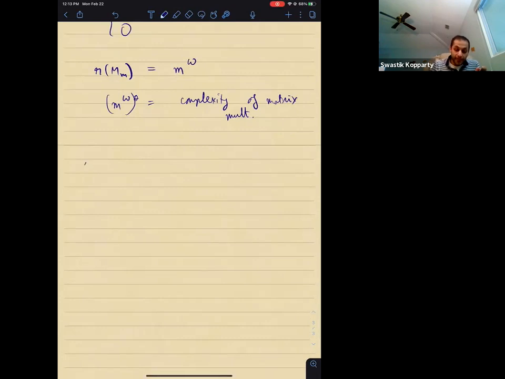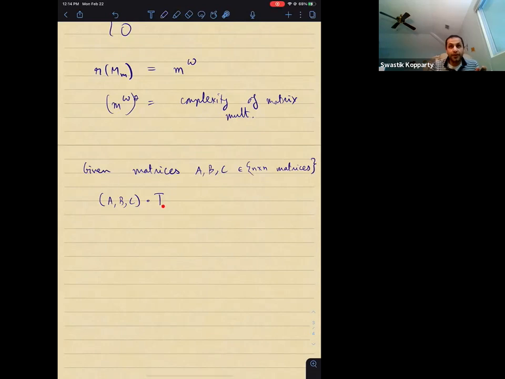Given matrices A, B, C, which are all n by n matrices, I'll define the action of the tuple ABC on a tensor T. This is not a group action because the A, B, C need not be invertible.